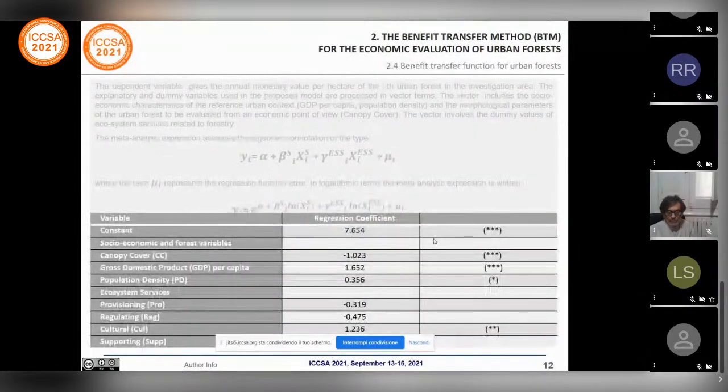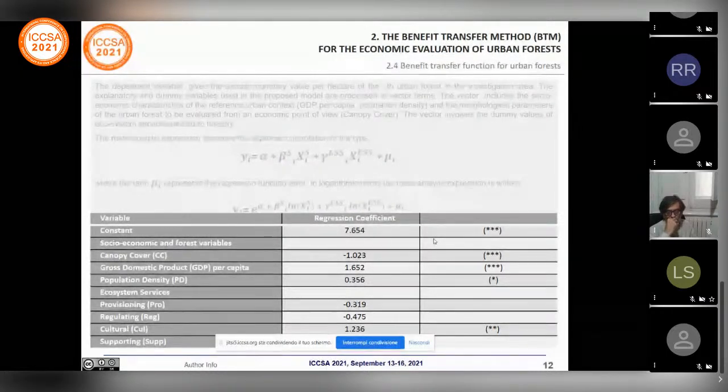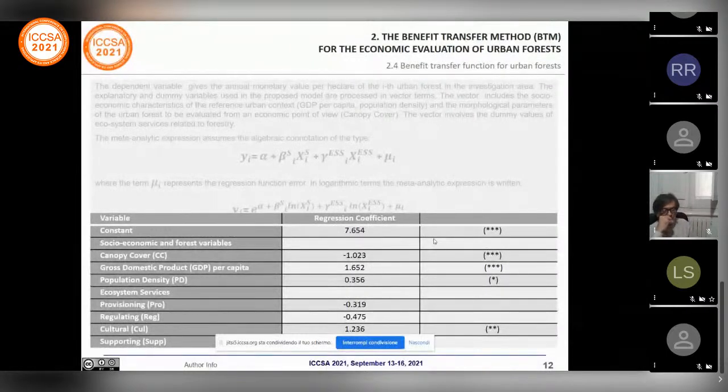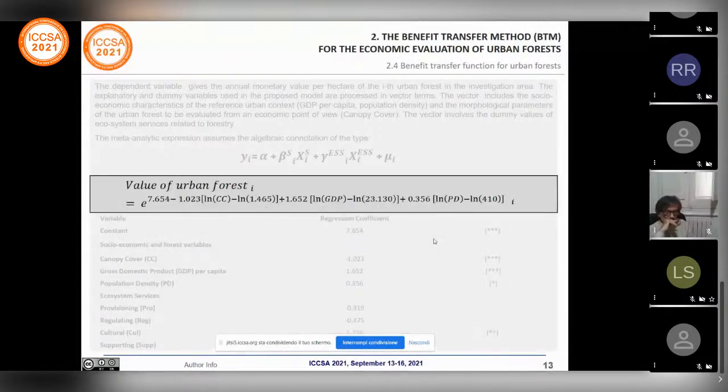In particular, we developed a meta-analytic regression analysis in order to highlight the interdependencies between the principal variable, willingness to pay, and the other socioeconomic parameters that we extracted from the papers that we analyzed, in order to define the final function.